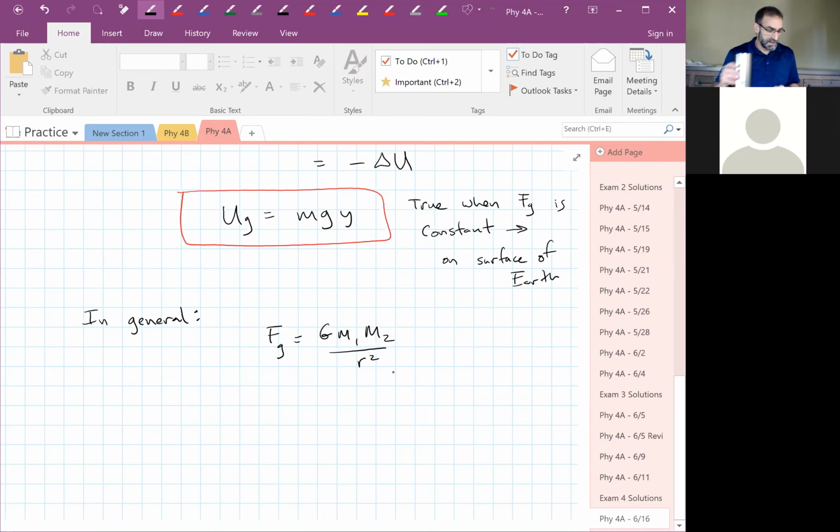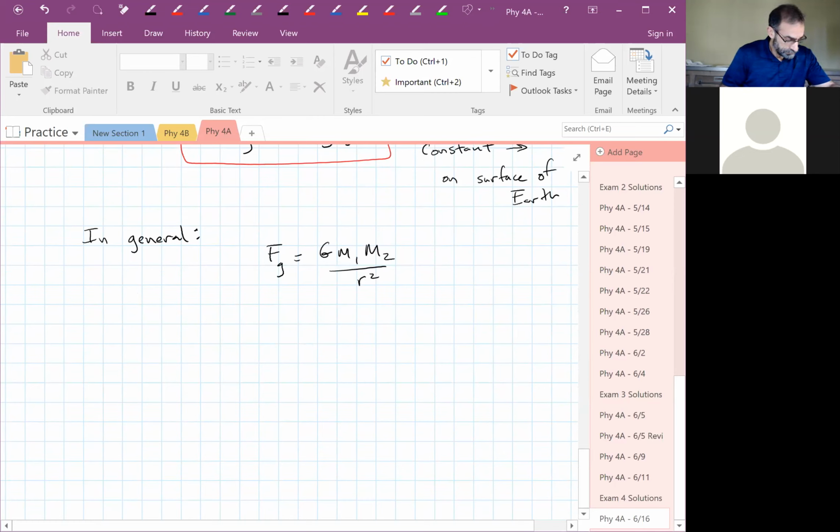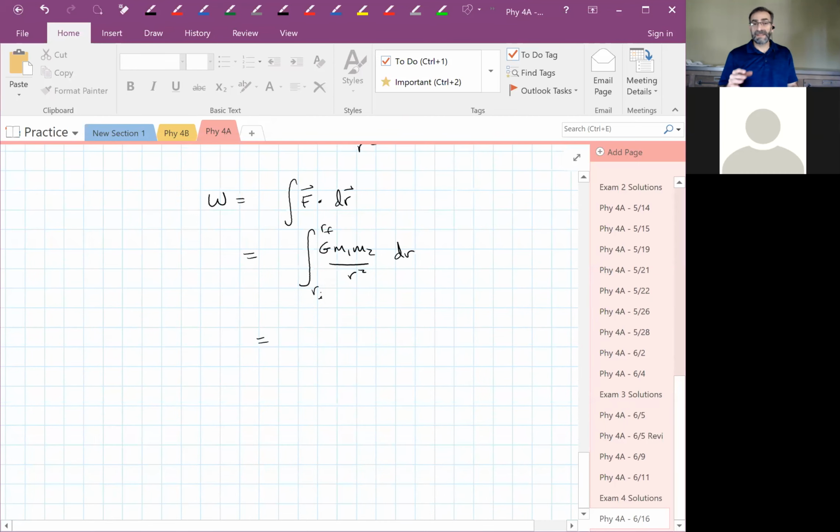Now let's find the work done. Work done is the integral of F dot dr. We'll plug in our force. This is in moving something from some initial place to some final place.